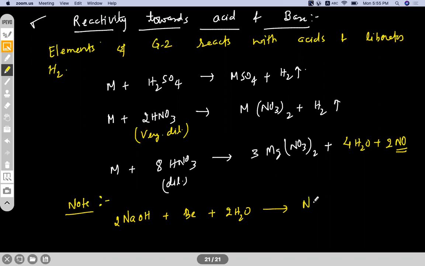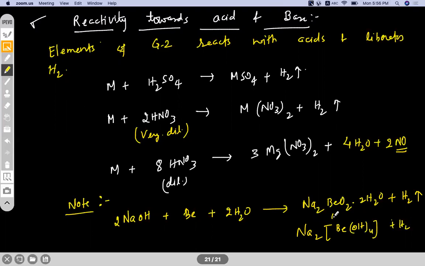The molecule is Na2BeO2·2H2O, and H2 releases. If you look at the structure here, Na2 we have, and Be will have 4OH associated like this, plus H2. You can write either this product or this product.